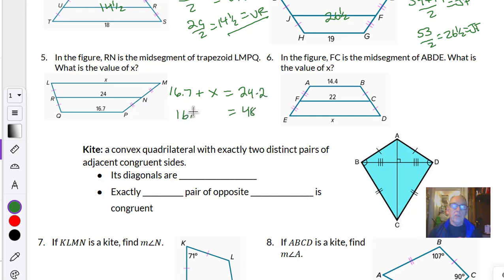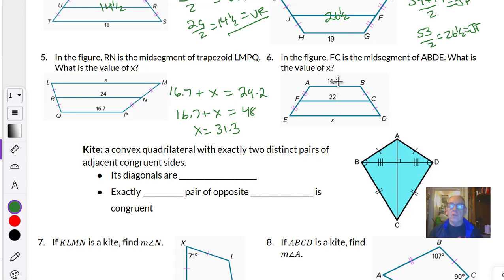So 16.7 plus x is equal to 48. And take 16.7 away from both sides. x is going to be 31.3. If we check it out, 31.3 plus 16.7 adds up to 48. Divide 48 by 2, we get the 24.